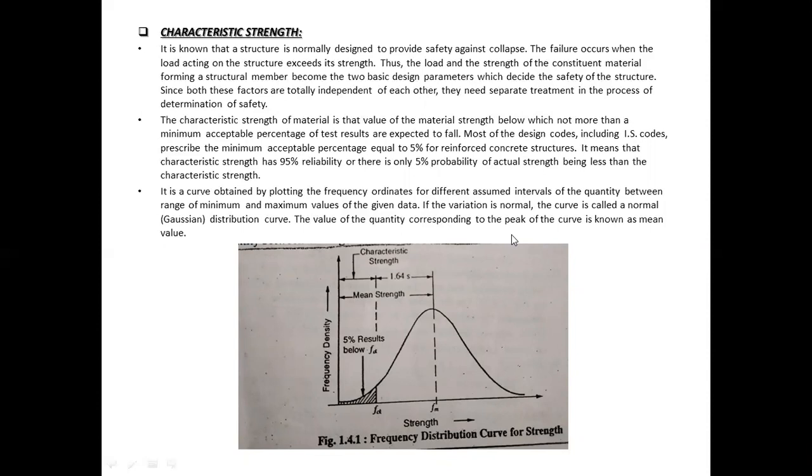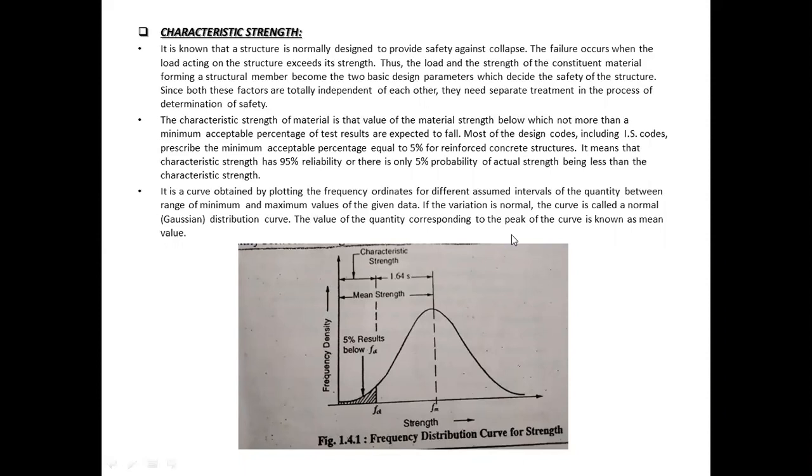Here they have stated that characteristic strength of material is that value of the material strength below which not more than a minimum acceptable percentage of test results are expected to fall. They have also given that most of the design codes, including the IS code, prescribe the minimum acceptable percentage equal to 5% for reinforced concrete structures. It means that characteristic strength has 95% reliability, or there is only 5% probability of actual strength being less than the characteristic strength.